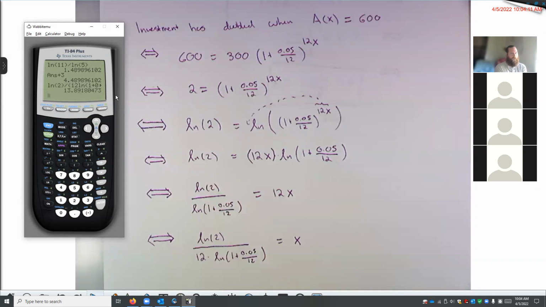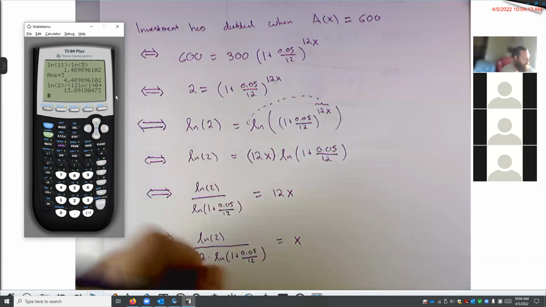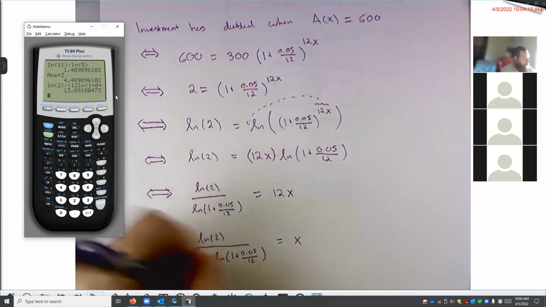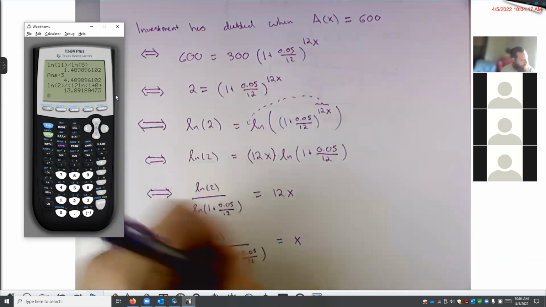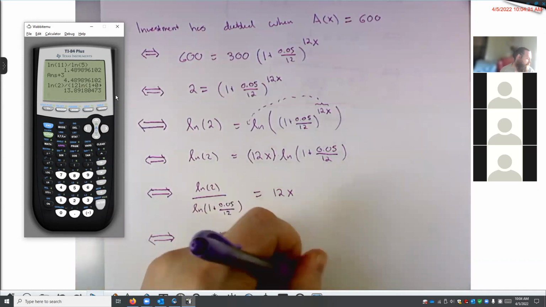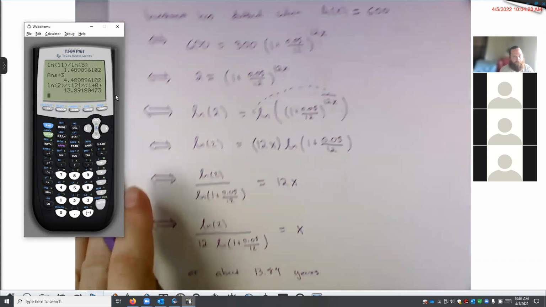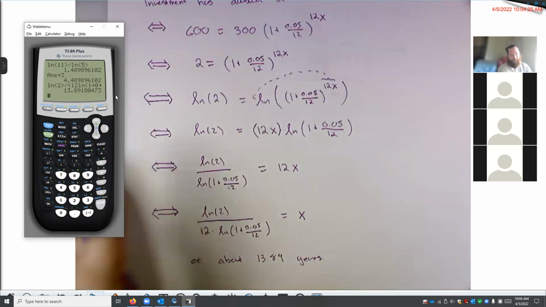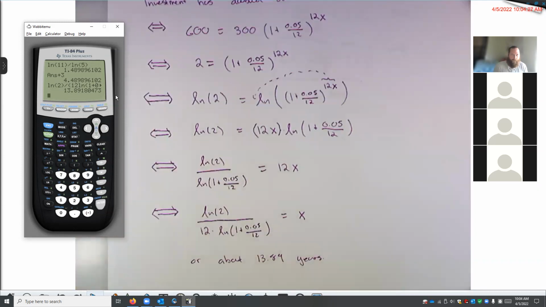I get 13.89. So with this interest scheme, 5% compounded monthly, it would take close to 14 years for your investment to double.